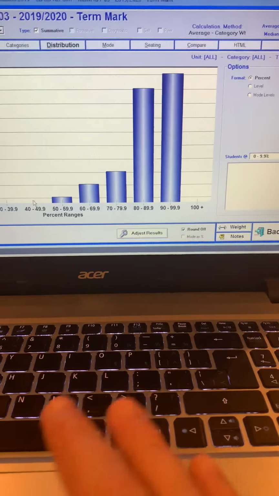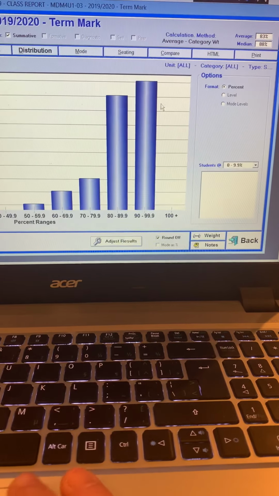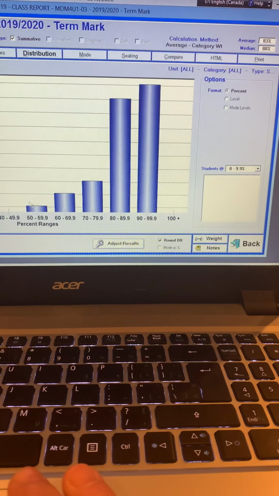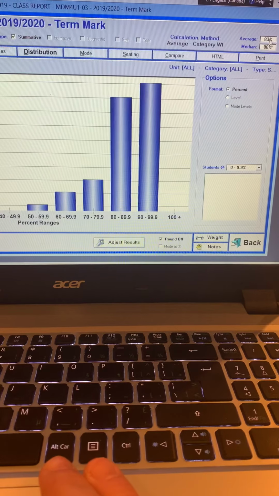Our median is 88%, the middle person in the class, and then our average gets dropped to 83. So this tail causes our average to be decreased.